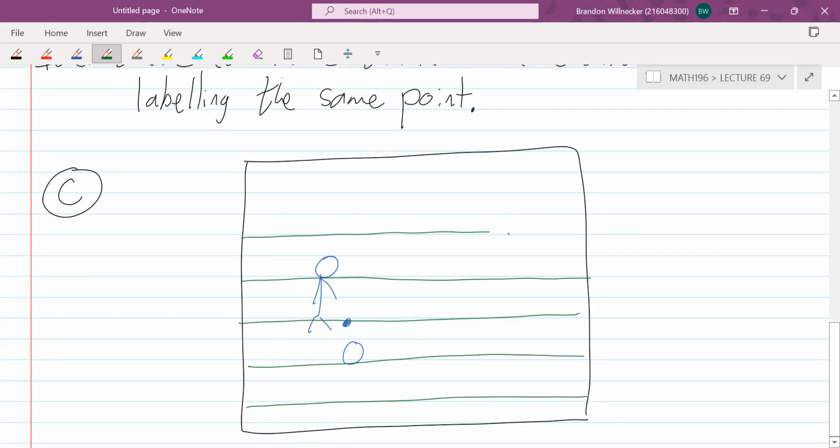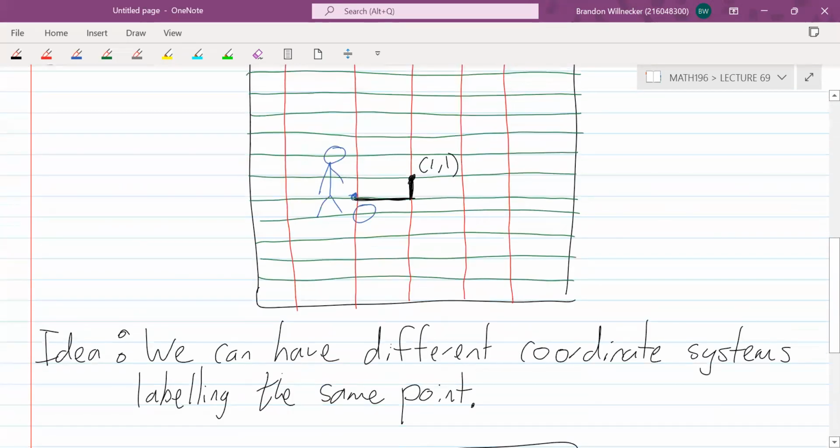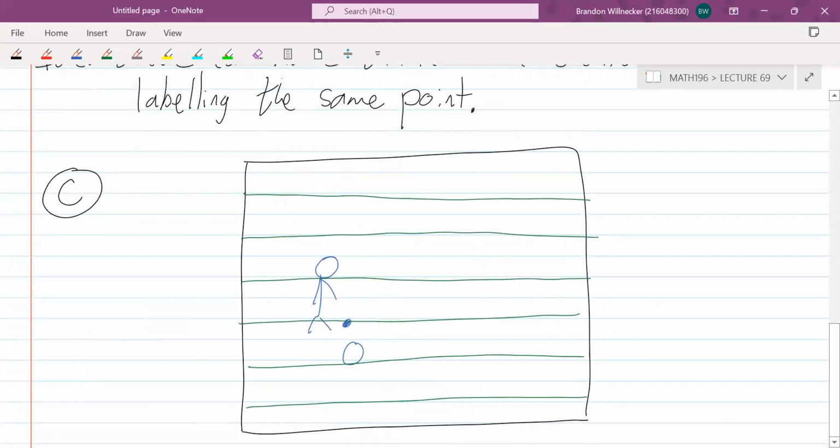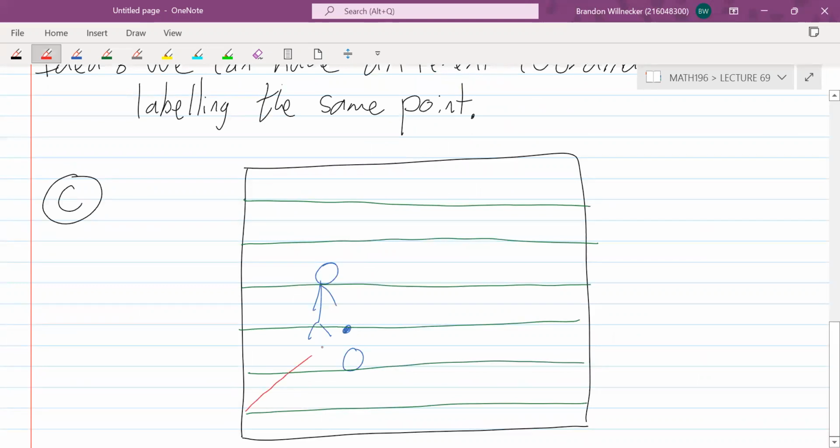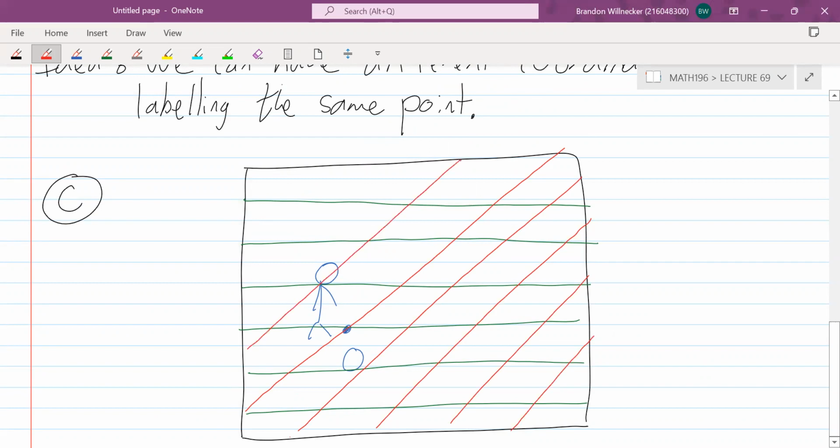Okay, so I've increased the spacing between the horizontal lines here, going vertically. And then for the other lines, I'm not going to draw vertical lines. I'm going to draw angled lines, something like this.